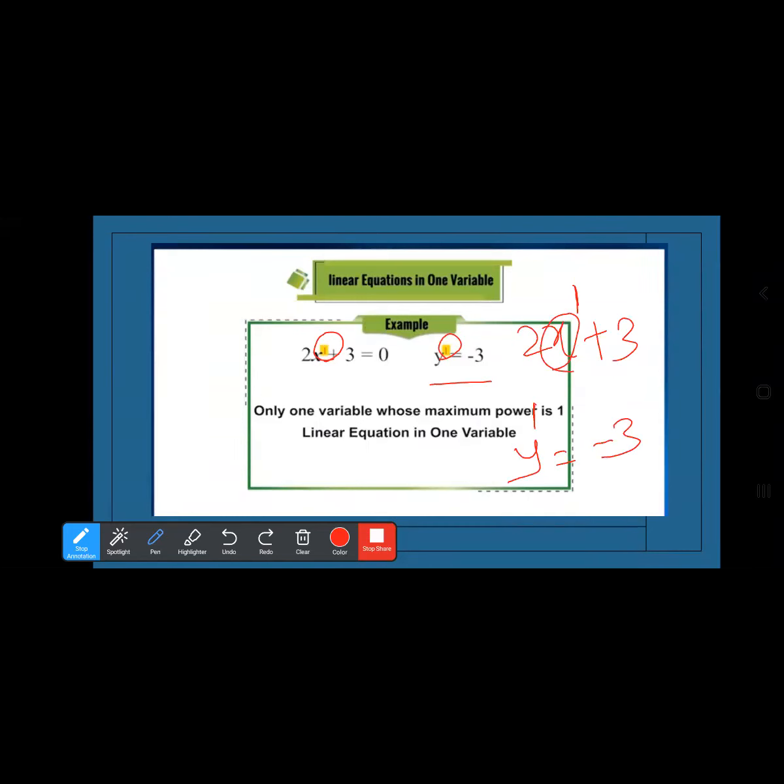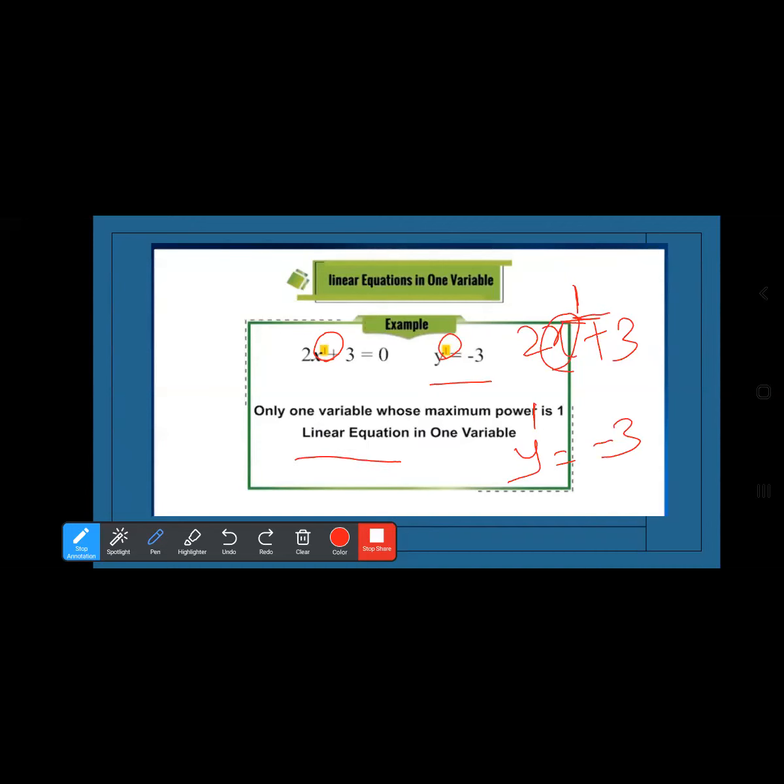So for a variable whose highest degree is 1, it is called a linear equation.